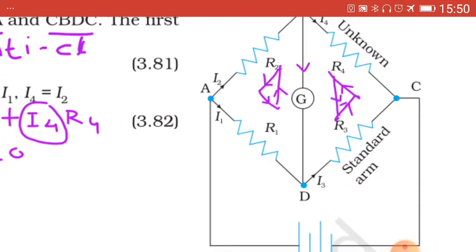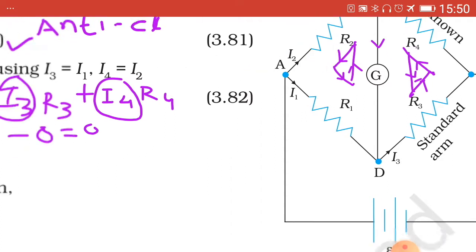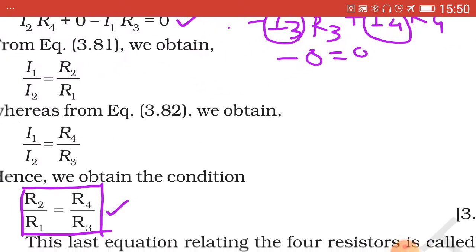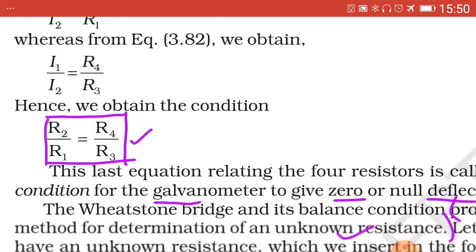Another way is the first part R2 upon R4, that is the upper part, both the resistors, and equal to R1 upon R3 in the lower part, both the resistors. And mathematically also it will turn out to be the same.